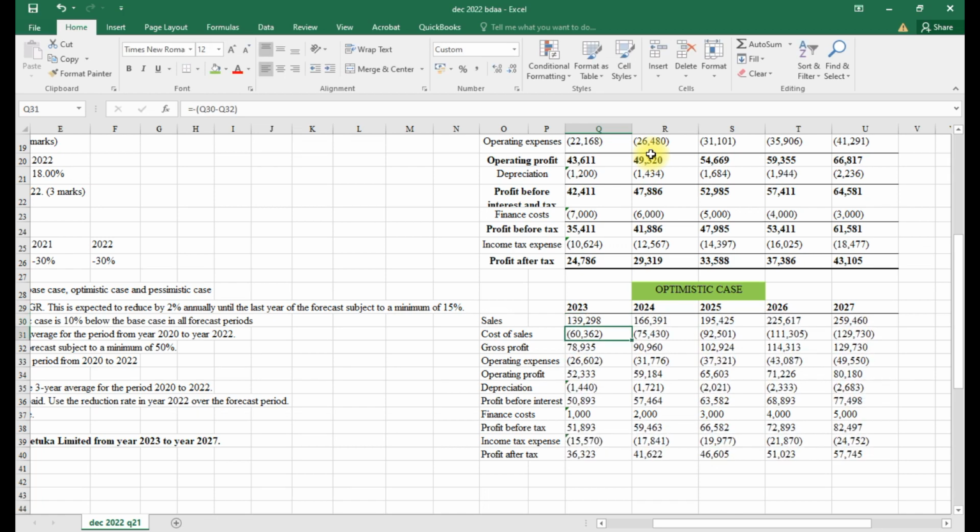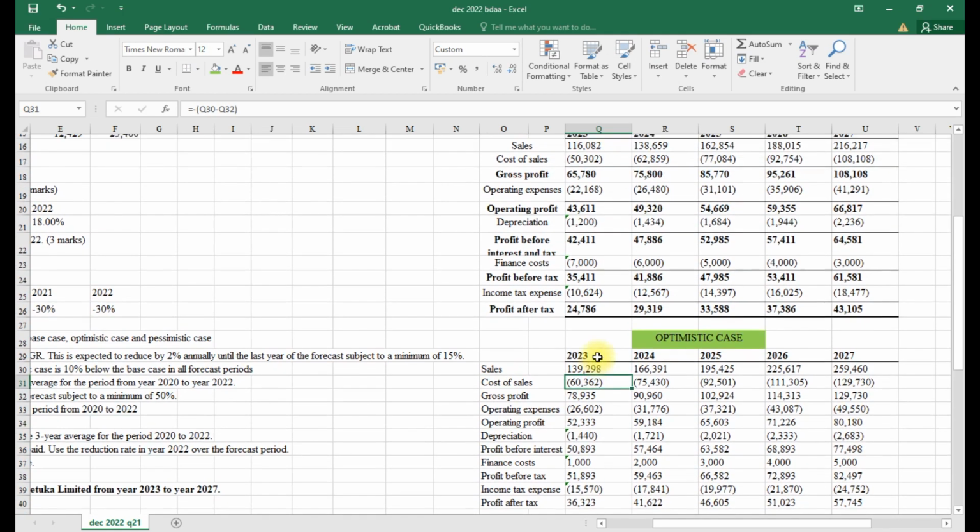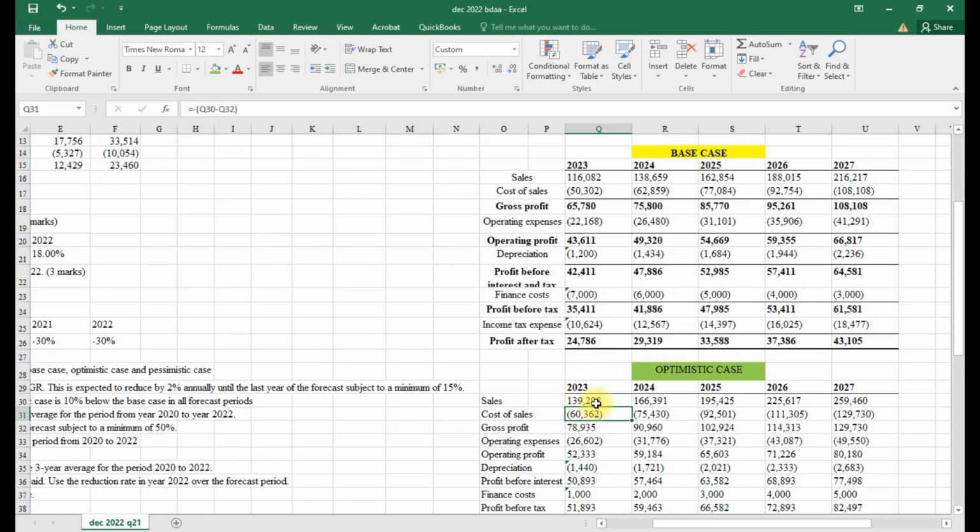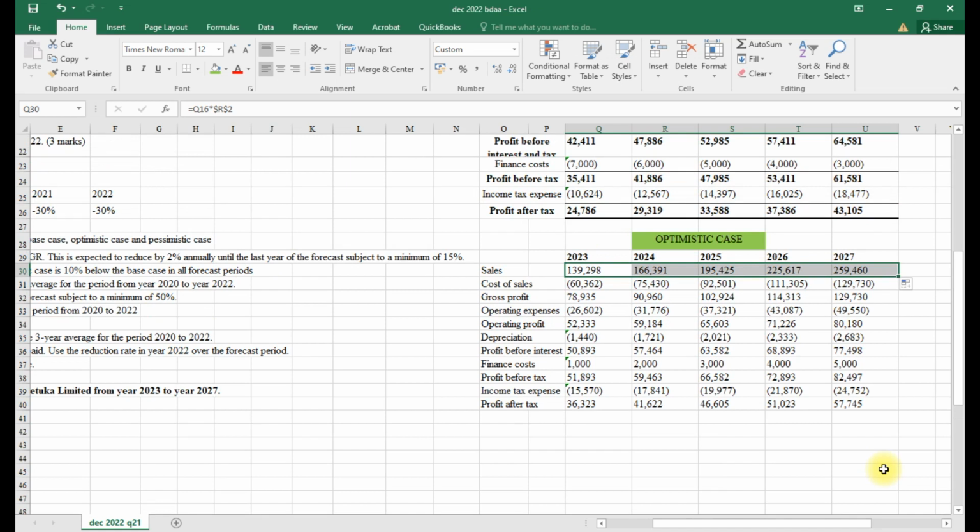So that will be our sales, the new sales for this scenario. And I will drag this, and when I drag this, you'll find that it will automatically change all the other values. That will be our optimistic case.